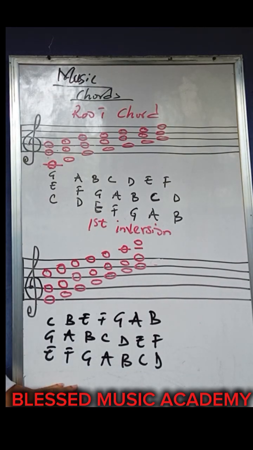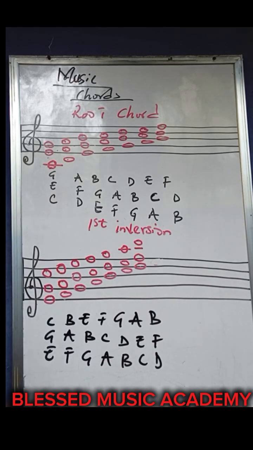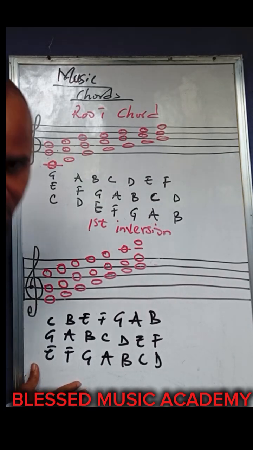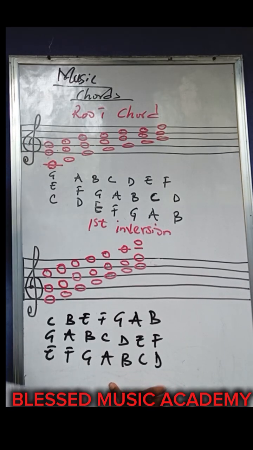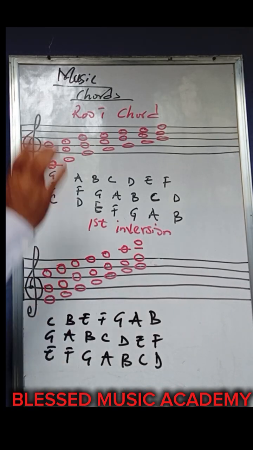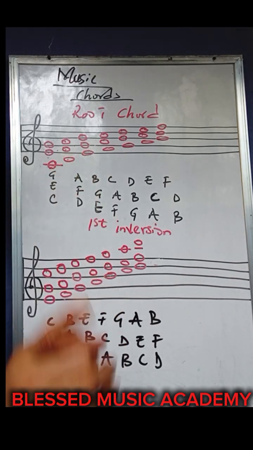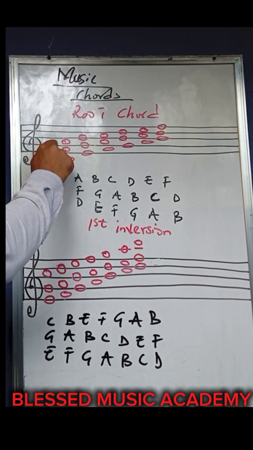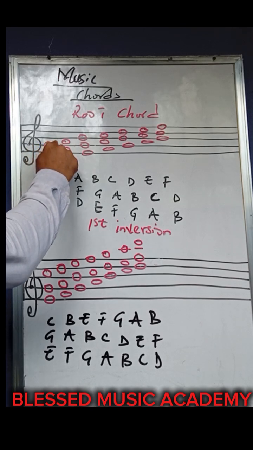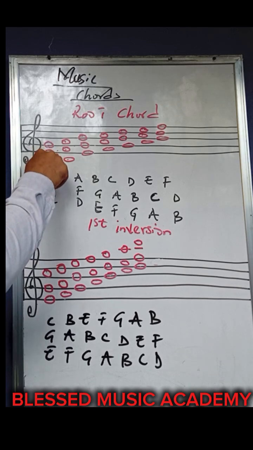This is our first inverted chord of C major. First inversion of C major. So go and do this second inversion. For the second inversion, you start from the fifth note, then you go to the first and then the third.